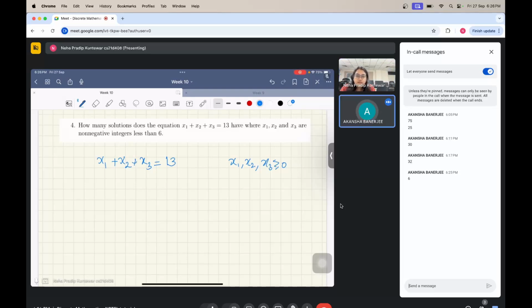15 choose 2. Right, so what did you use here to get to 15 choose 2? Bars and stars method. Exactly, so you can think of this as there are 13 stars here, and you want to make three partitions out of this.